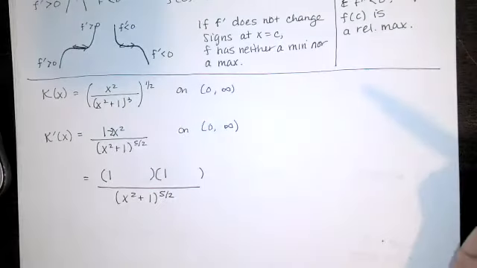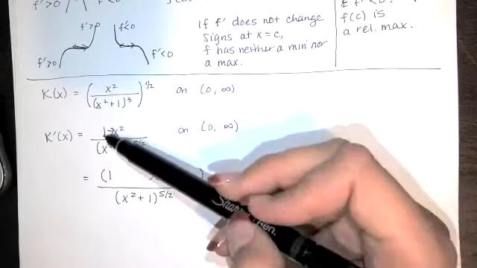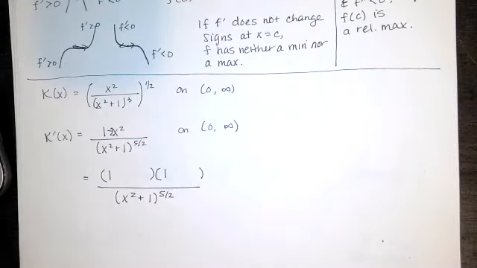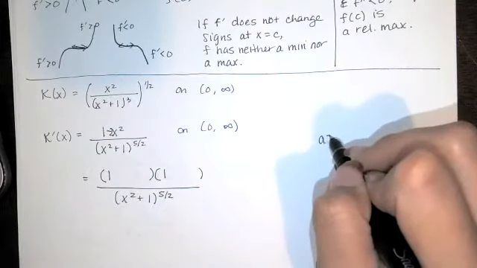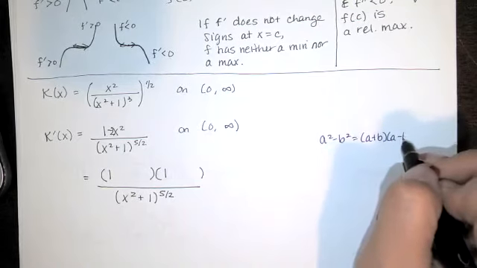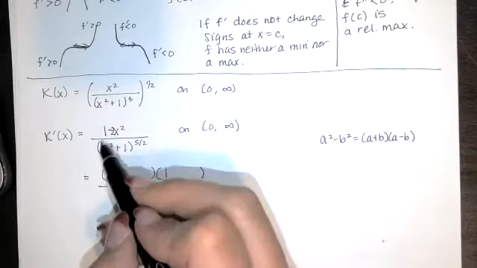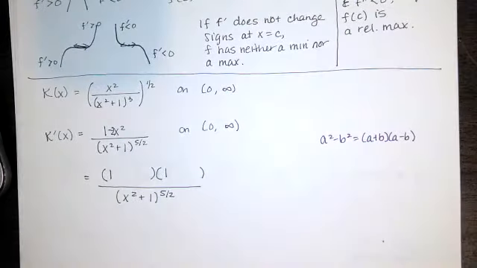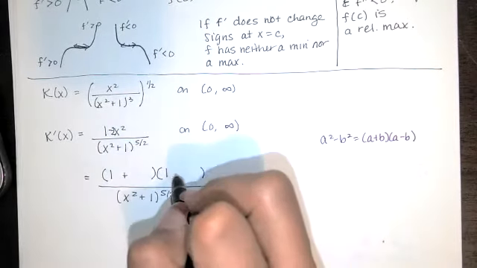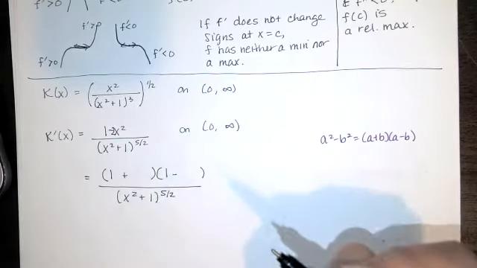I want to think of this as a difference of squares, as a squared minus b squared. We know from algebra that a squared minus b squared factors to a plus b times a minus b. So if a squared is 1, a is 1. And that means I can factor this to 1 plus something times 1 minus something.